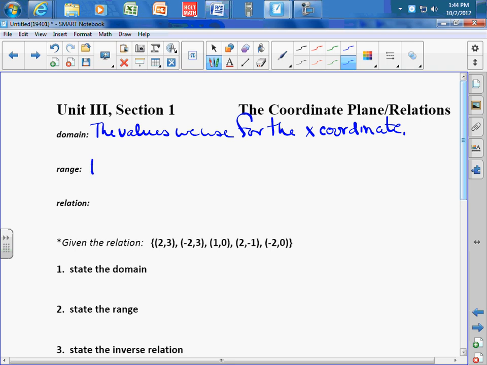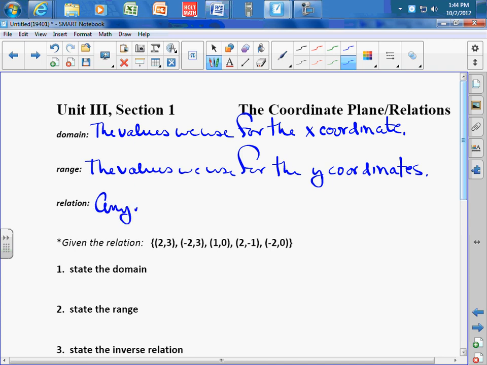The range is the values we use for the y coordinates. A relation is any set of ordered pairs. And when I'm talking about ordered pairs, I'm talking about any set of points.